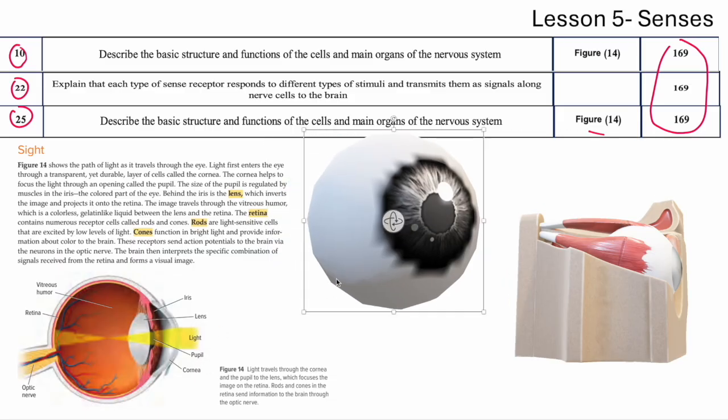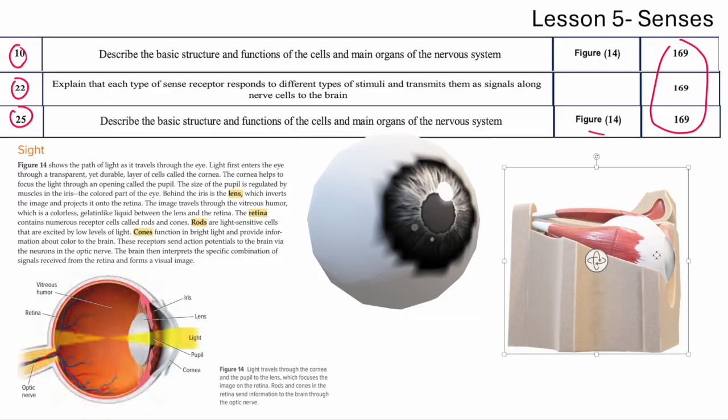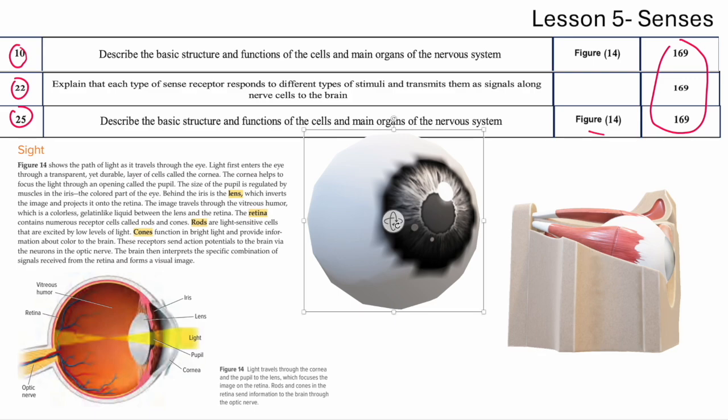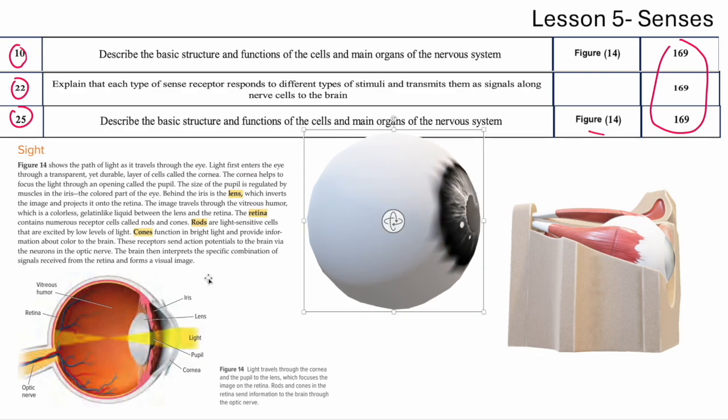And there is a colorless part in front, a covering. If you see this picture, you can see clearly there is a colorless, glass-like part covering the front part of the eye. It is called the cornea, and the light enters through the eye and reaches the lens, and the lens is connected by ciliary muscles.